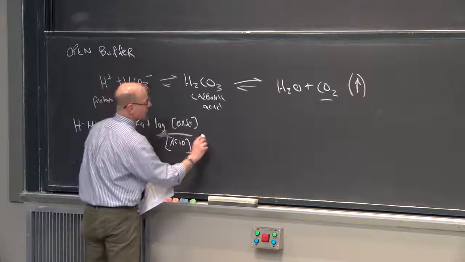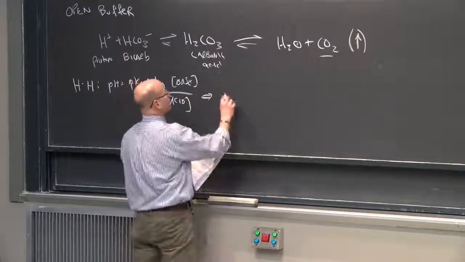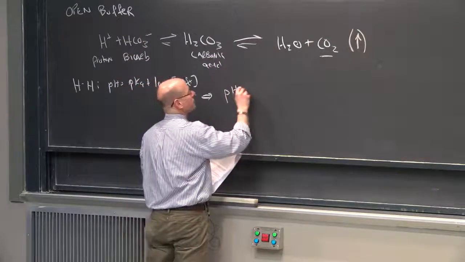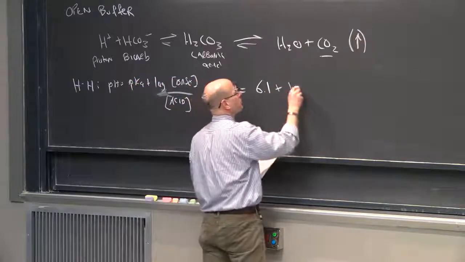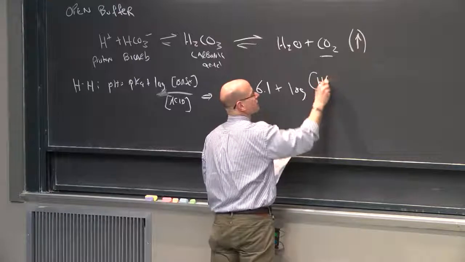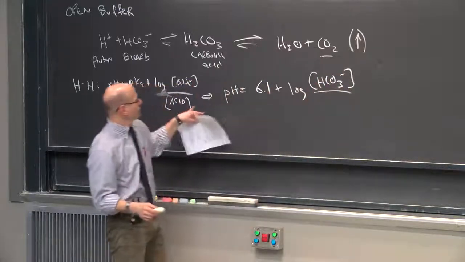And in the case of the bicarbonate system, what this translates into is that the pH is equal to the pKa, which for bicarb happens to be 6.1, plus the logarithm of the concentration of the bicarbonate ion that's in your blood over the concentration of the acid.